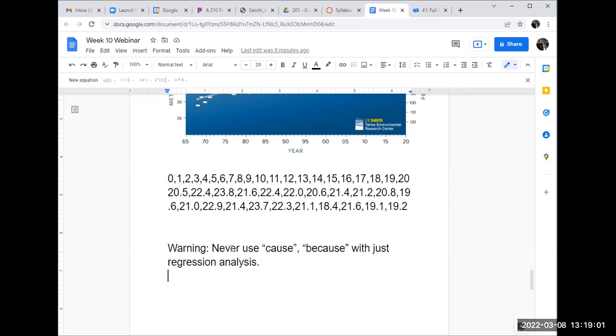Be careful about the word will, because will is the same as a cause. Yeah, there are a lot of funny examples of correlation and causation that are just wrong.